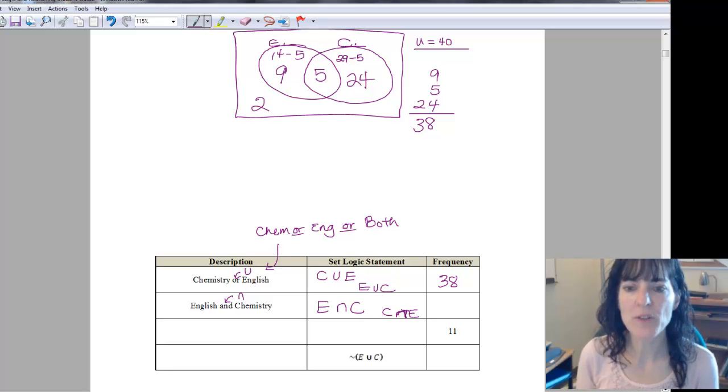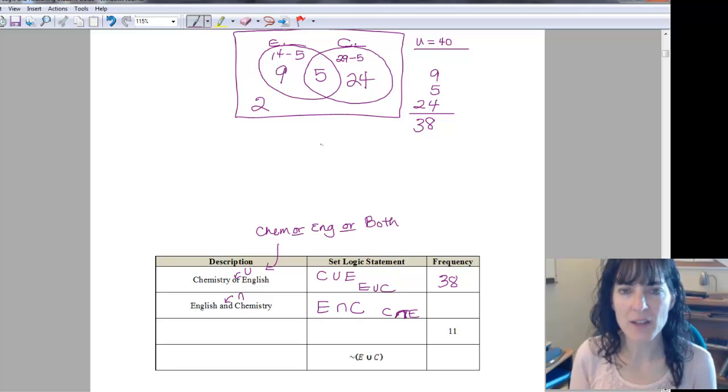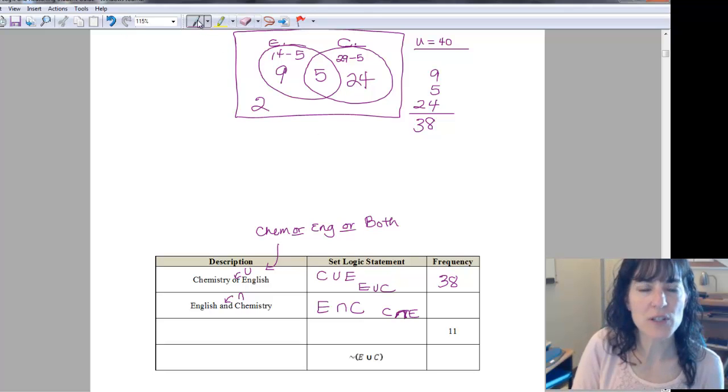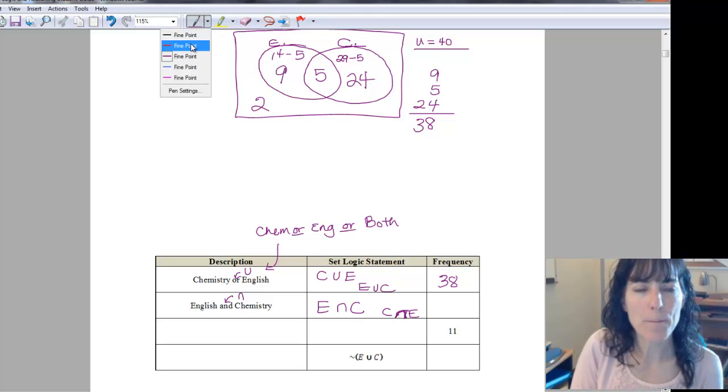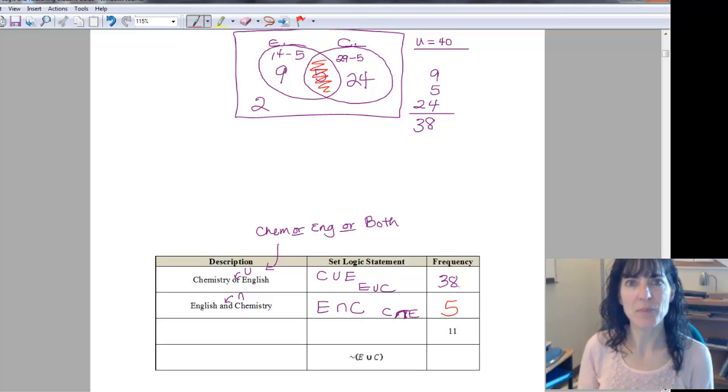Then we want to figure out how many students that is. When we're talking about the intersection, or the and, we're talking about just the students who have both English and chemistry in this case. So just the part in the middle there. And so that's going to be 5.